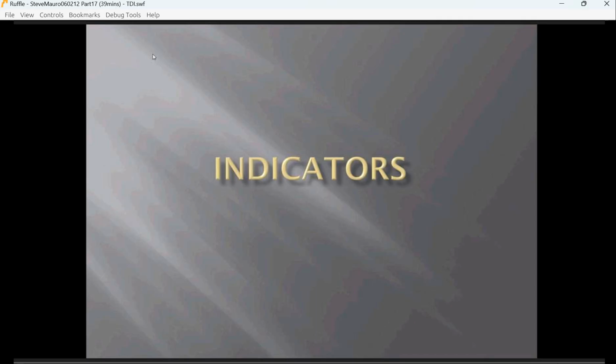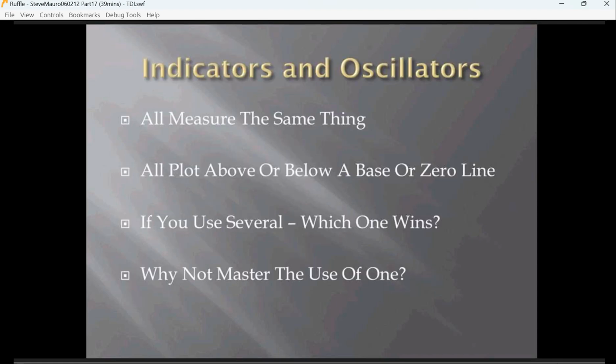Okay, so let's talk about indicators. Would you give me that all indicators measure the same thing? They all plot above or below a baseline or a zero line or some center axis. Right? If you use several, which one of them is going to win?